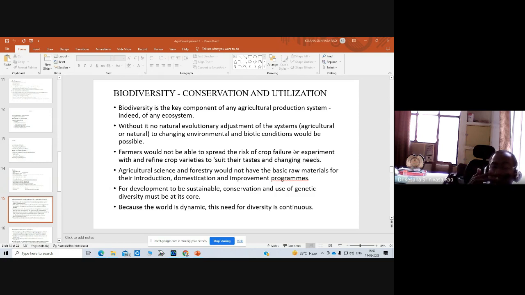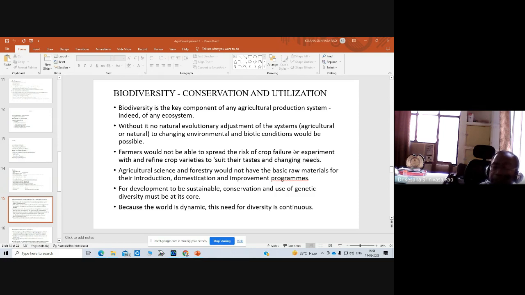In this process, agriculture science and forestry would not have the basic raw materials for their introduction, domestication, and improvement programs. So this is also one of the most important things which we have to understand.